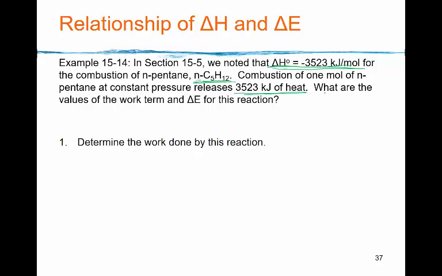Okay, so we have to determine the work done by the reaction. Now, I know I kind of gave you a bunch of different little things. You have to use what you need of those that I was throwing out there. So here is our chemical equation, and it's balanced.